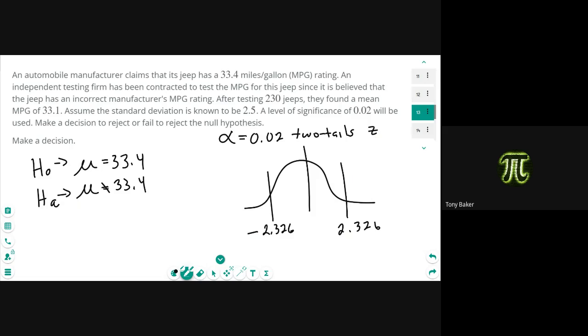And the formula for Z is going to be the same as the last one we just did. So I have 33.1 minus 33.4, divided by 2.5, because they give you the standard deviation for this one, over the square root of 230, which is my n.